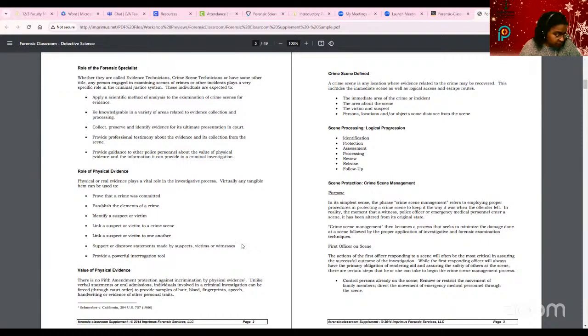The witnesses are tangible testimony. And create what it says is a powerful interrogation tool.